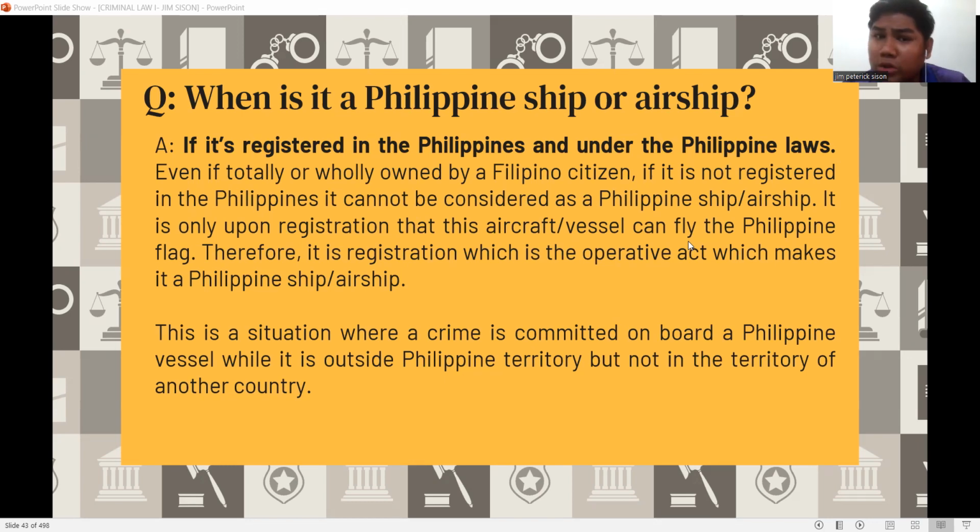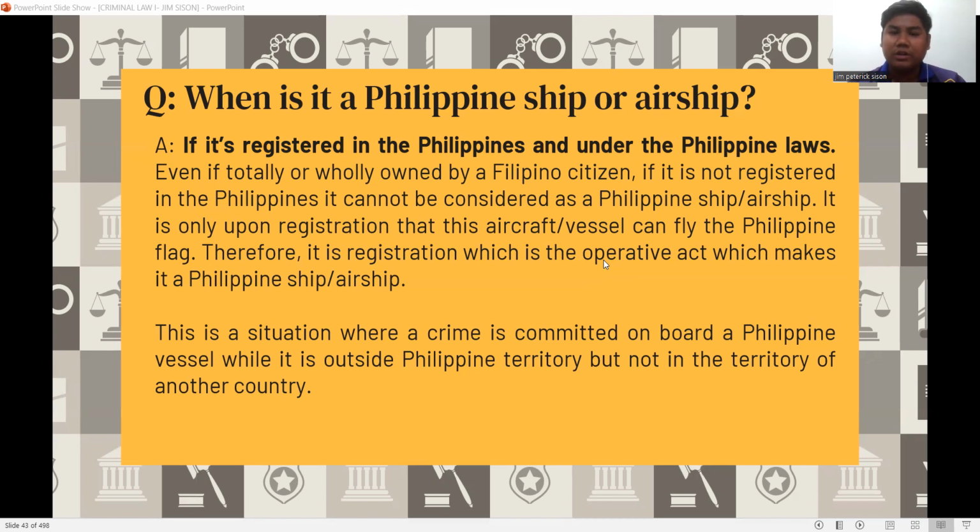So, even if wholly owned by a Filipino citizen, if it is not registered in the Philippines, it cannot be considered a Philippine ship or airship. Why? Because it is only upon registration that this aircraft or vessel can fly the Philippine flag. Therefore, it is the registration which is the operative act that makes it a Philippine ship or airship.